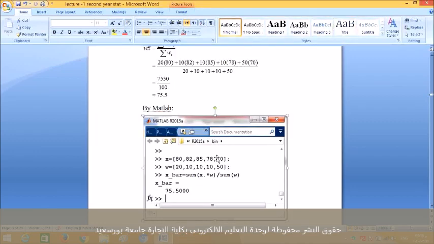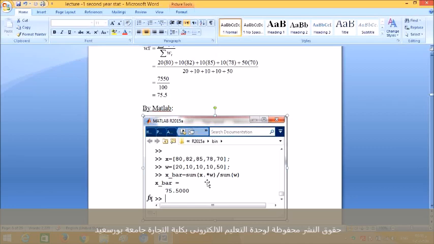Okay, so when multiplying a row vector by row vectors, we have to use the dot and the asterisk, according to the MATLAB program.